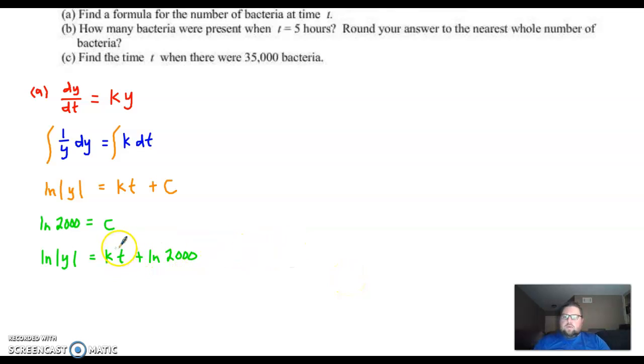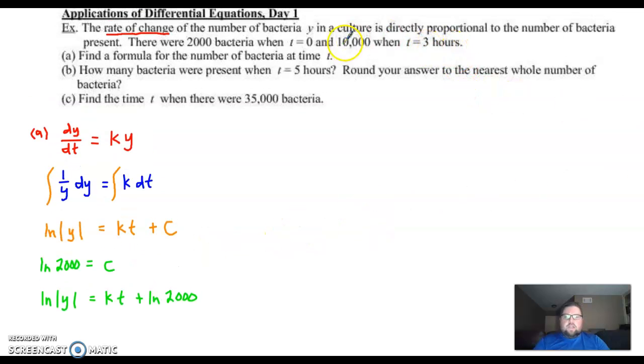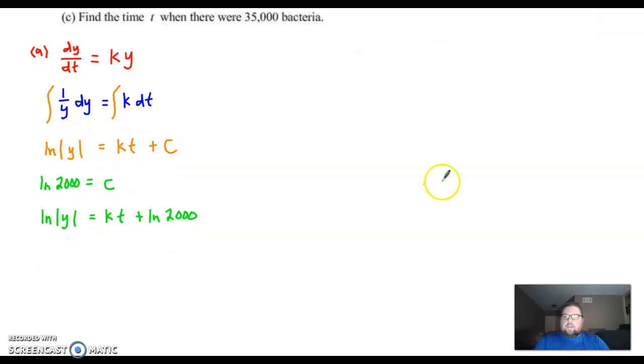All right, so now we want to find k. Again, you could do this later on in the problem, but I like to go ahead and find it now, then we can solve for y at the end. So we're going to plug in 3 for t and 10,000 for y. So natural log of 10,000 is equal to 3k plus natural log of 2,000. All right, so I'm going to subtract this natural log over here.